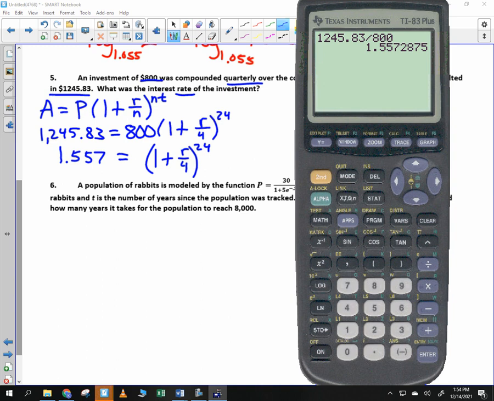So here you go. Folks, if it was squared, you would just take the square root of both sides, right? Oh, yeah. So it's the 24th power. So the way you get rid of a power is you do the 24th root.